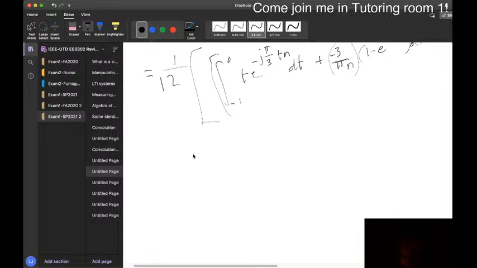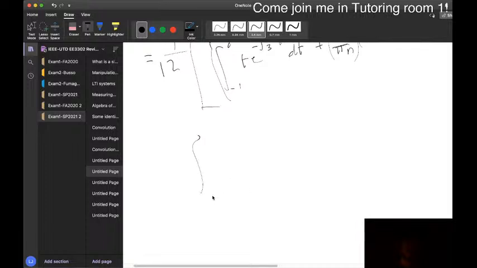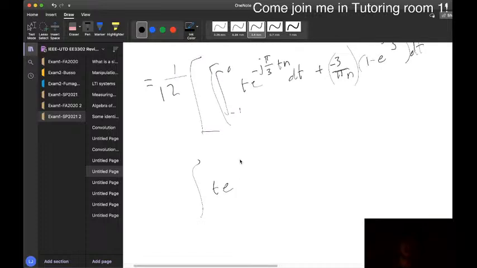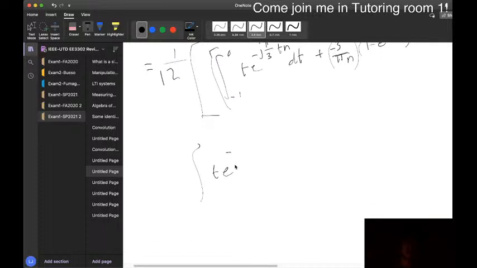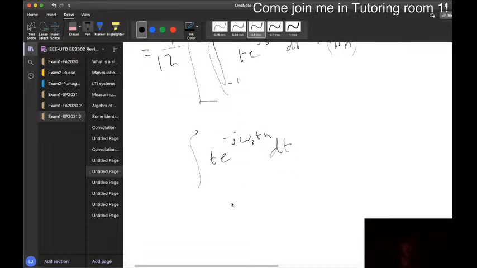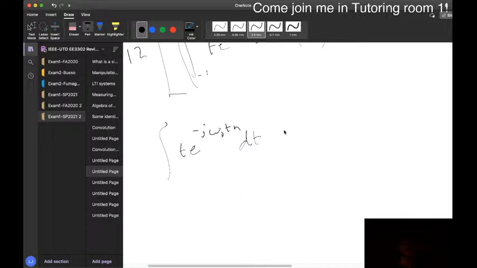Let me just, the following identity is kind of useful that I'm going to derive right here. The integral of t e to the negative j omega naught t n dt. So this is integration by parts.